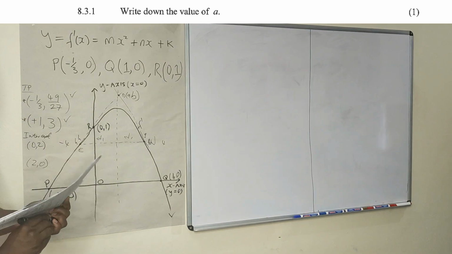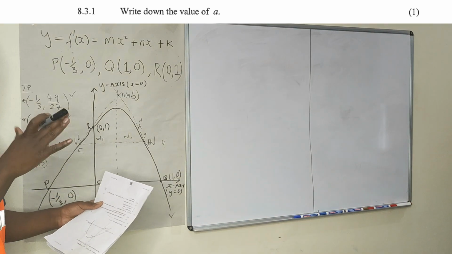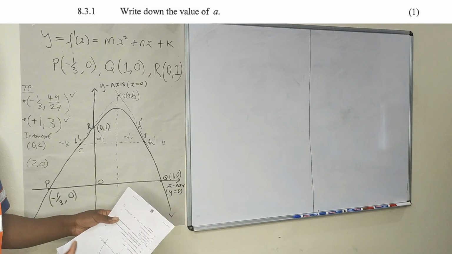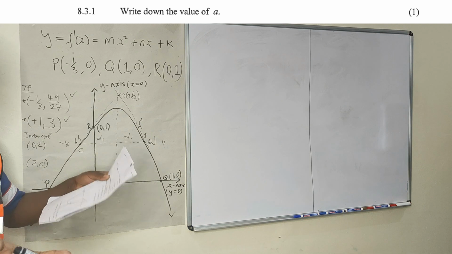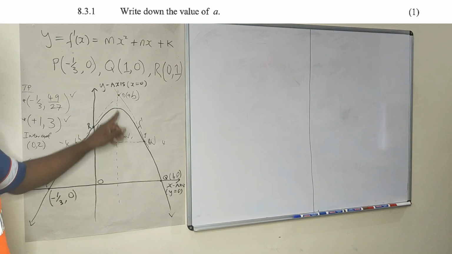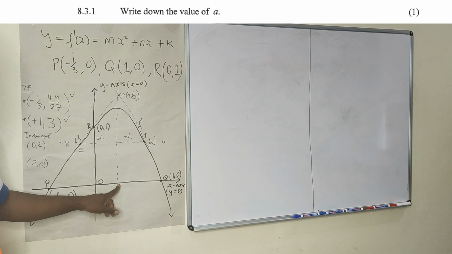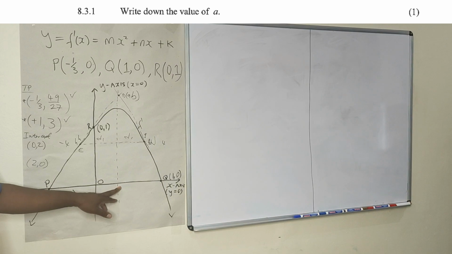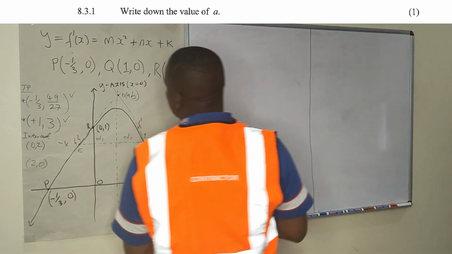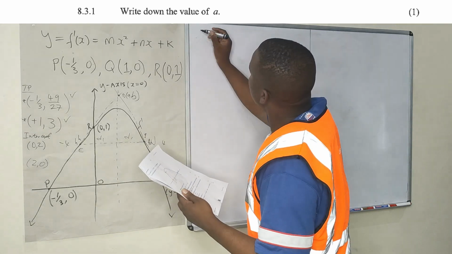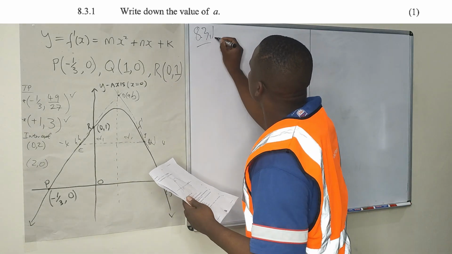So the rate of change in y over the rate of change in x will be similar, except the directions will be different. So they should be meeting at the axis of symmetry, which is at the midpoint of this and this divided by 2, then you'll get that. So it should be the x coordinate. So a, which is 8.3.1.